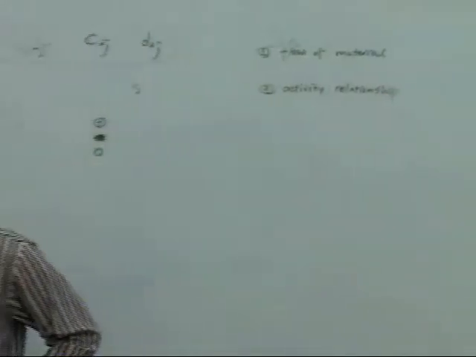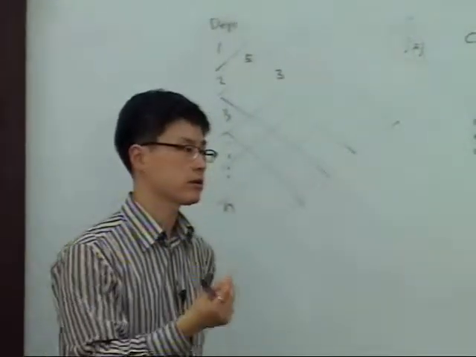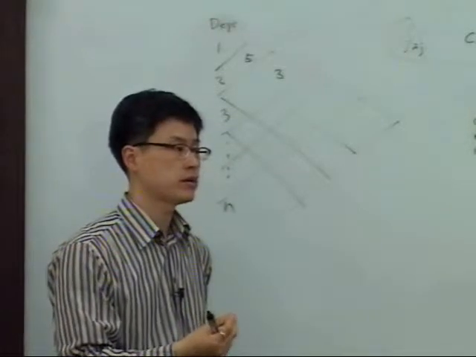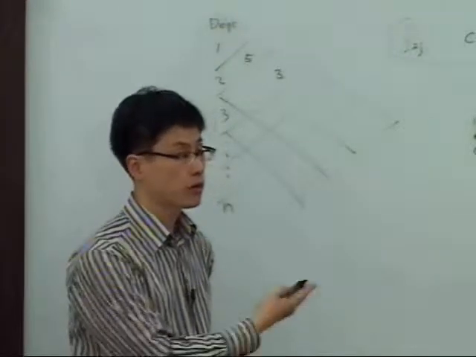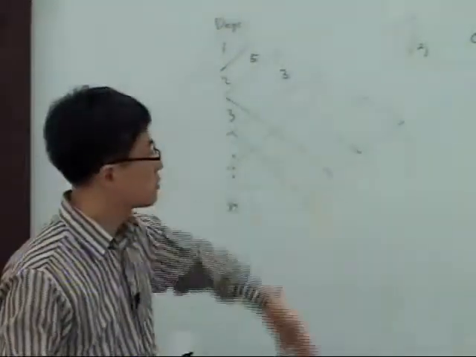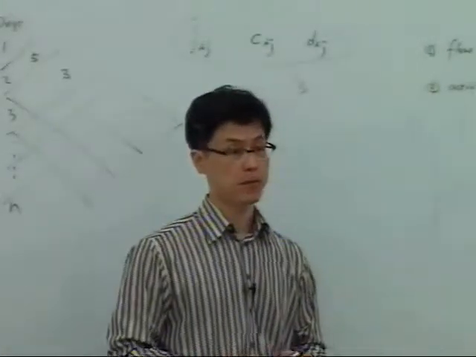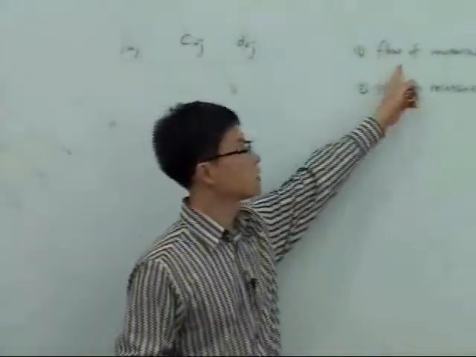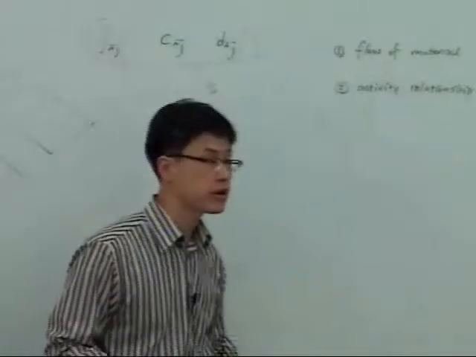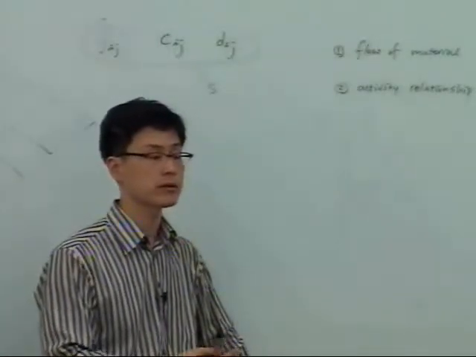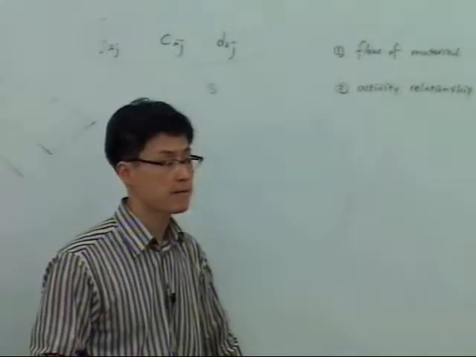If your factory requires closeness heavily dependent on the information flow, then you can add information flow as well. Anyway, most of the time it is based on the flow of material or activity relationship. Let me ask, is everybody familiar with this flow of material? It's F sub ij, right? How much material flows from department I to J. What does this activity relationship mean?